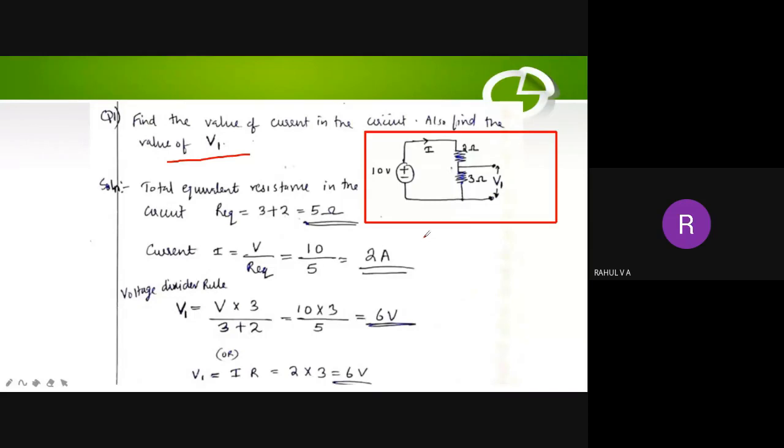We will do this. Since it is a series circuit, we know that R equivalent is equal to R1 plus R2.